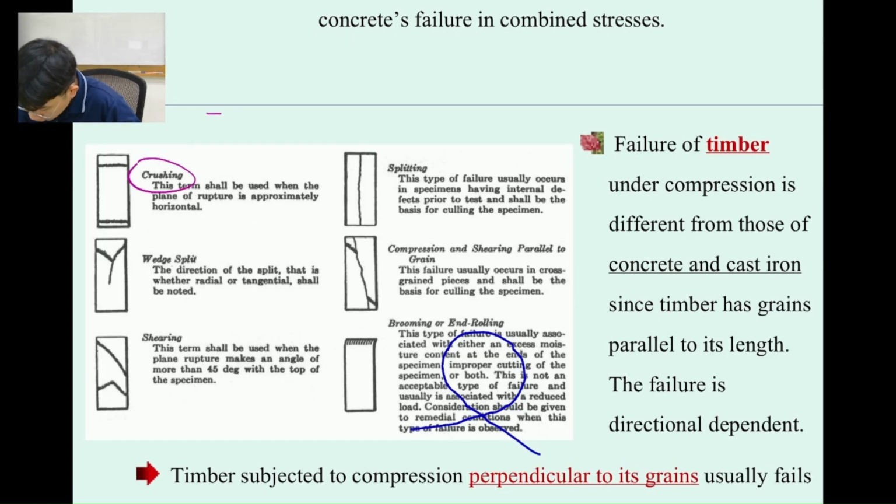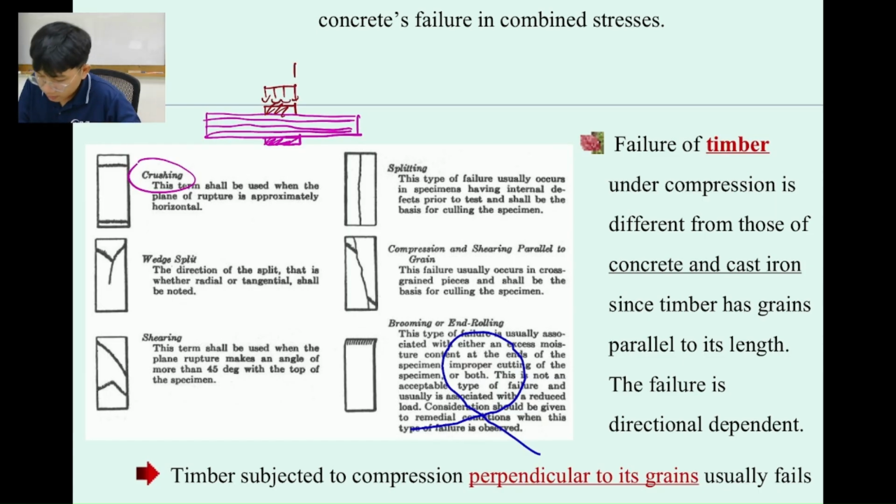For example, if you remember from the lab, you have a piece of wood like this, you put a metal plate at the bottom, and this is the grain. Then you put another plate on top, and then you apply some load P over here. The sample is going to crush, and then it fails as crushing. It's going to look like this.